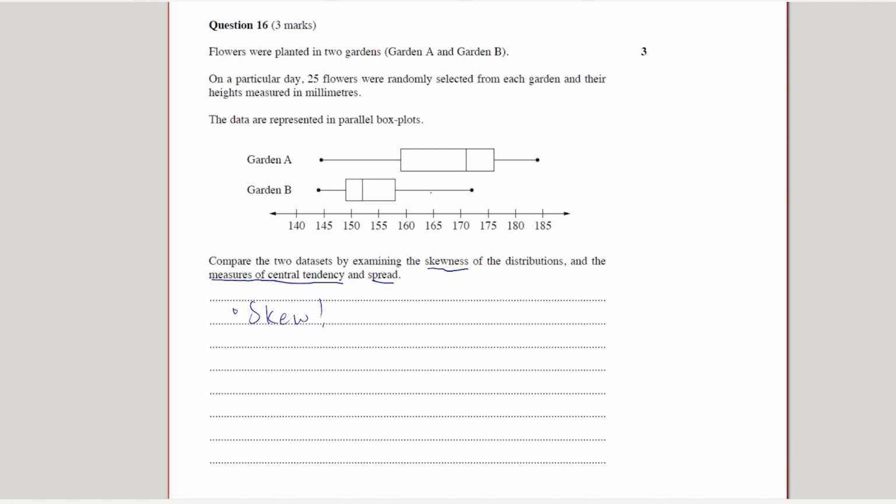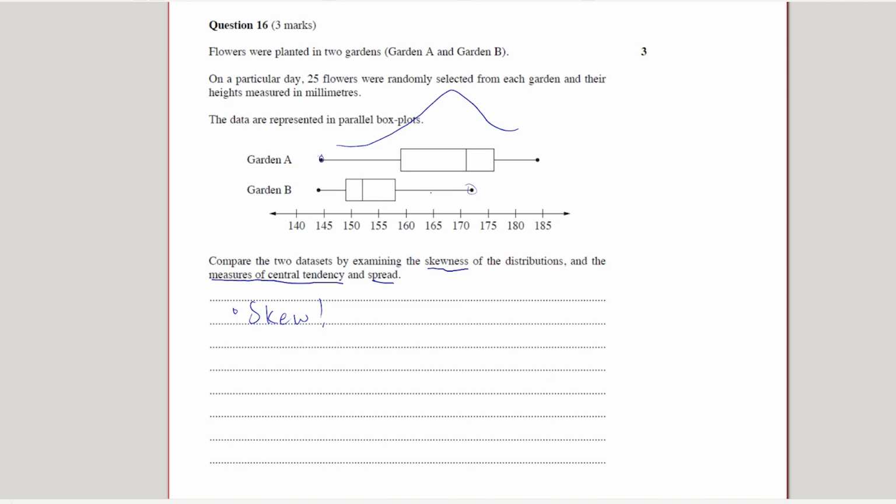Let's look at garden A, garden B. Garden A is going to be negatively skewed. Most of the data is going to look something like this, and garden B is going to look like this. The IQR of the box and whisker plot shows you where 50% of the data is.